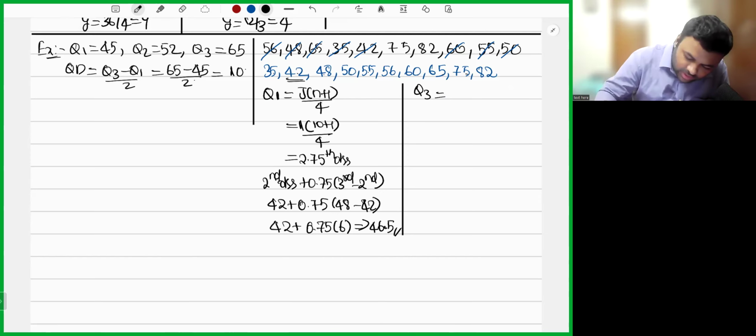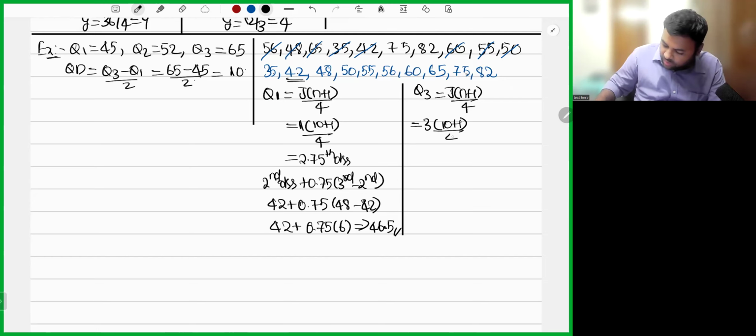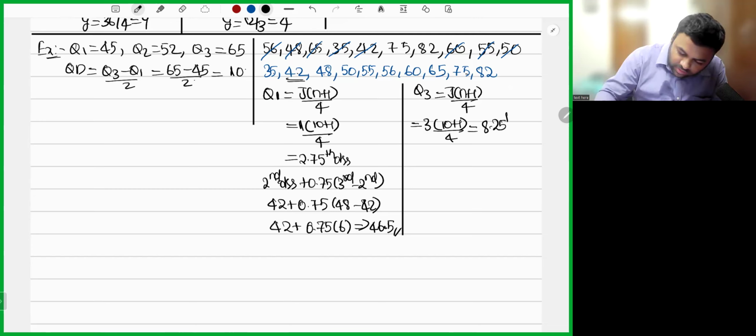Okay, let us do. Geeta, please check your answer. J into n plus 1 by 4. So J, 3 into 10 plus 1 by 4, 3 into 11 by 4, which is the 8.25th observation.